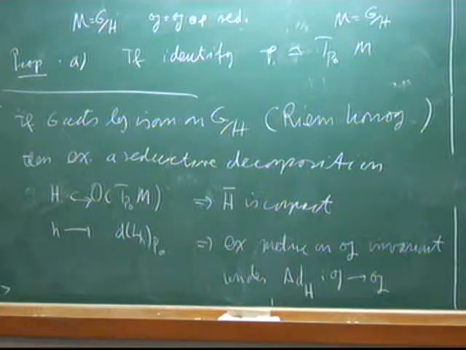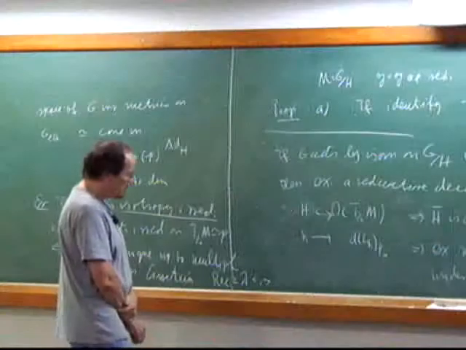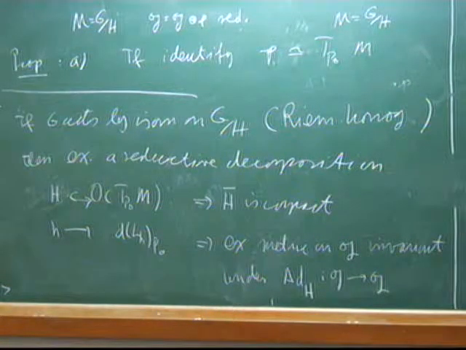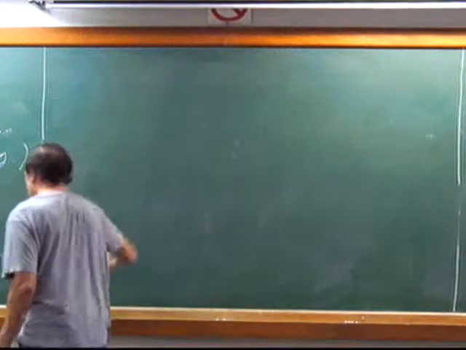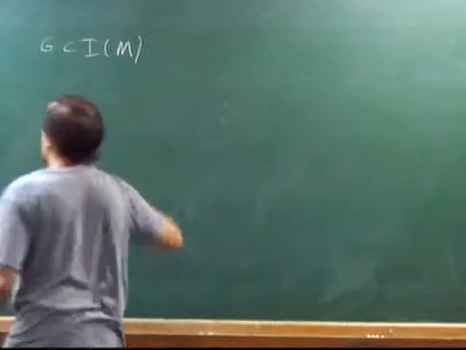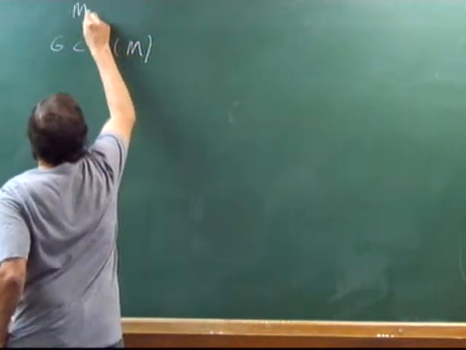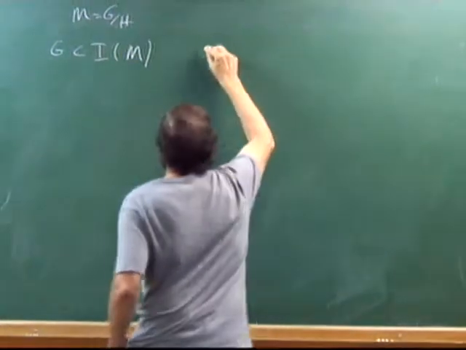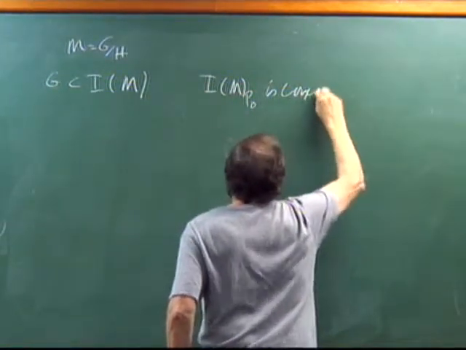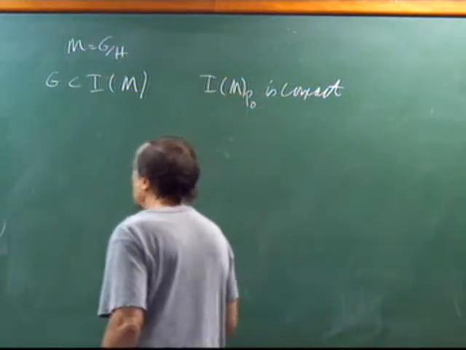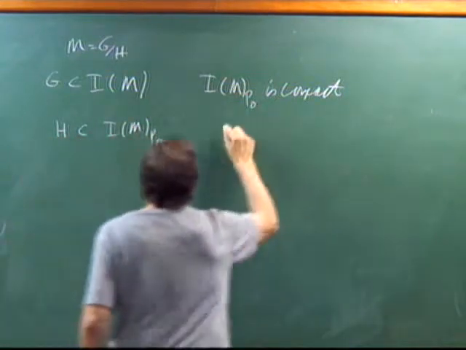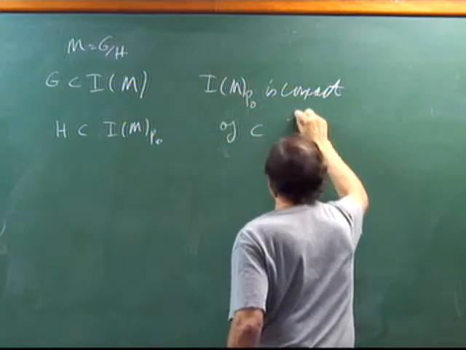how do I put a metric on G? I'm going to do the following. G sits inside the isometry group of my Riemannian manifold M, where M is G mod H. And the isotropy of I(M) at the point P naught is compact. And of course, H sits inside the isotropy. And the Lie algebra of G sits inside the Lie algebra of the isometry group.